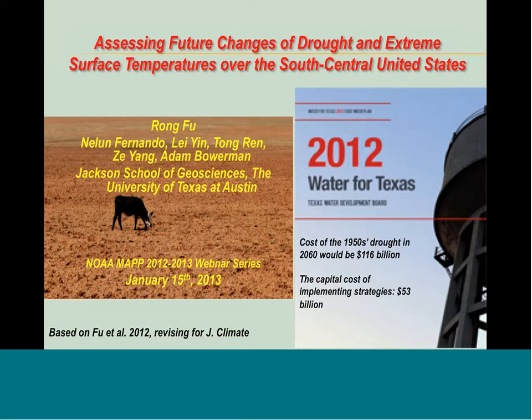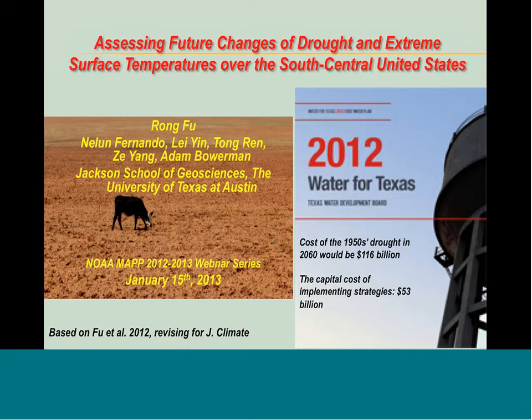Into the future, as illustrated by the water mitigation policy developed by the Texas Water Development Board, the drought is going to be even more costly. For example, the drought of the 1950s, if it occurred in 2060, would cost more than 100 billion for Texas. And the cost of mitigation is also very high. For Texas alone, it could be 50 billion.